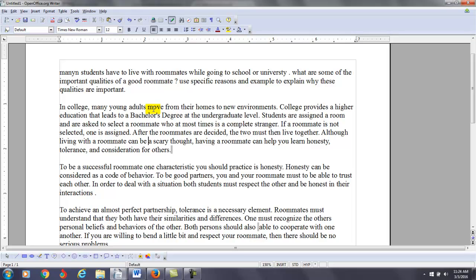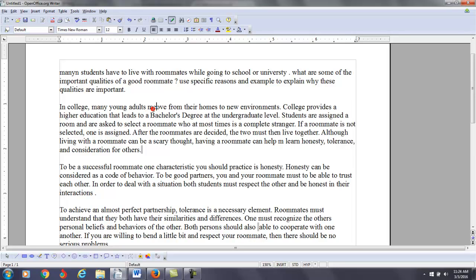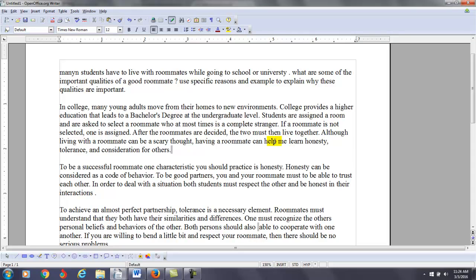Although living with a roommate can be a scary thought, having a roommate can help, instead of you, I would say can help me learn honesty, tolerance, and consideration of others.